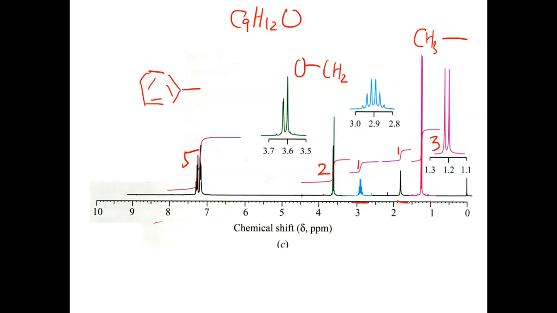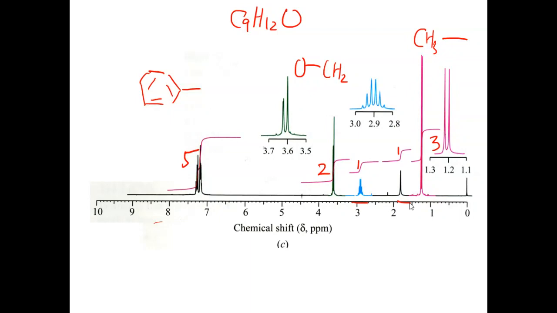Okay. So in this case, we should make use of the spin splitting pattern of that methyl group. So what you see here is a well-defined doublet. So this methyl group must be bound to what? CH. Okay?